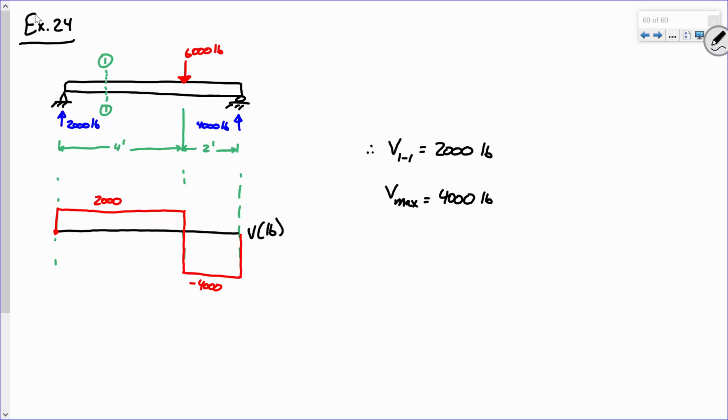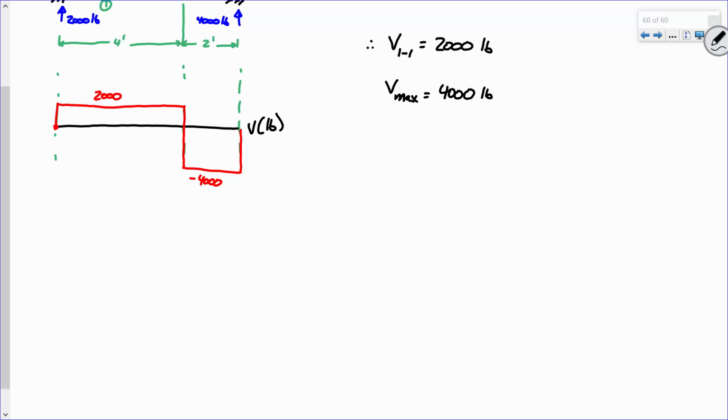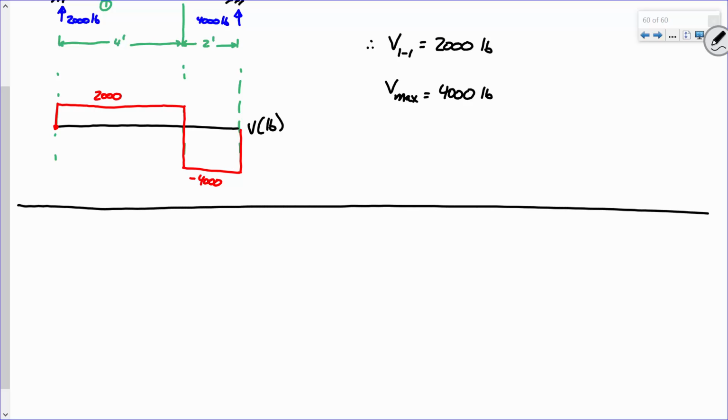Now before we get into part A and part B, we need some beam properties. So we have a beam that is 2 inches wide and 4 inches tall. Did I get that right?